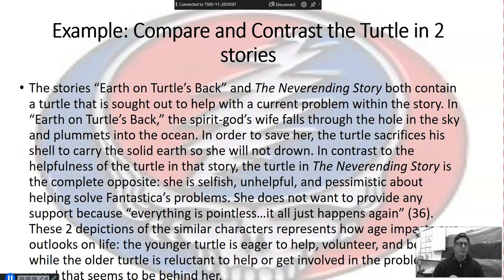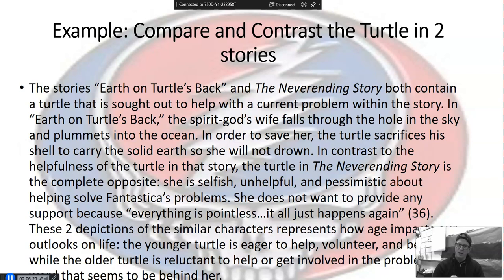The stories Earth on Turtle's Back and The Never-Ending Story both contain a turtle that is sought out to help with a current problem within the story. In Earth on Turtle's Back, the spirit god's wife falls through the hole in the sky and plummets into the ocean. In order to save her, the turtle sacrifices his shell to carry the solid earth so she will not drown.